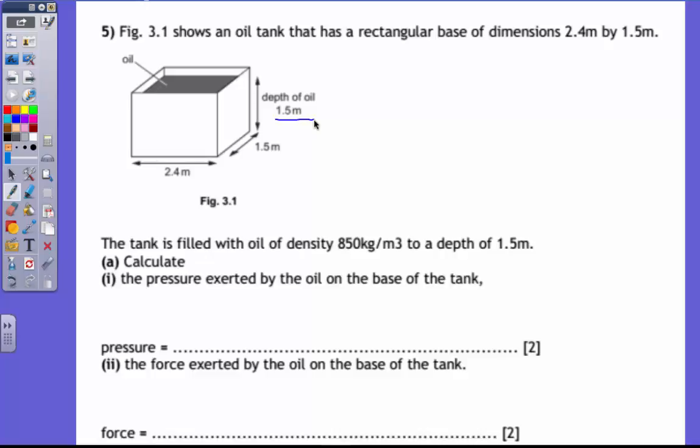The tank is filled with oil of density 850 kilograms per cubic meter to a depth of 1.5 meters. Calculate the pressure exerted by the oil on the base of the tank.